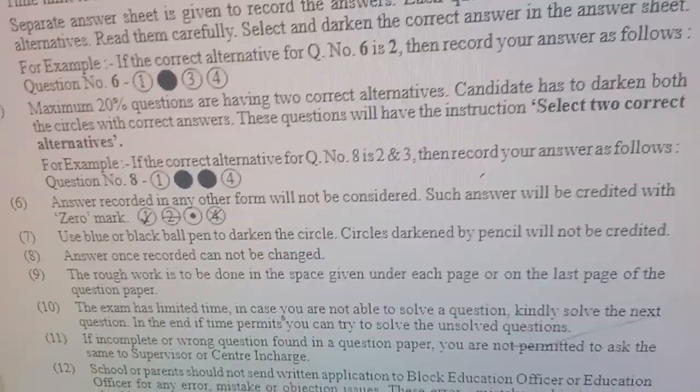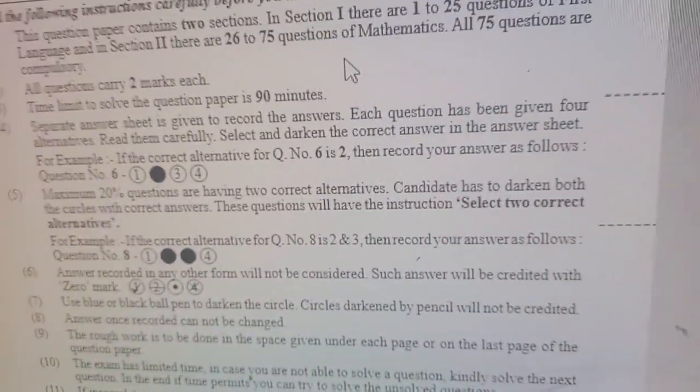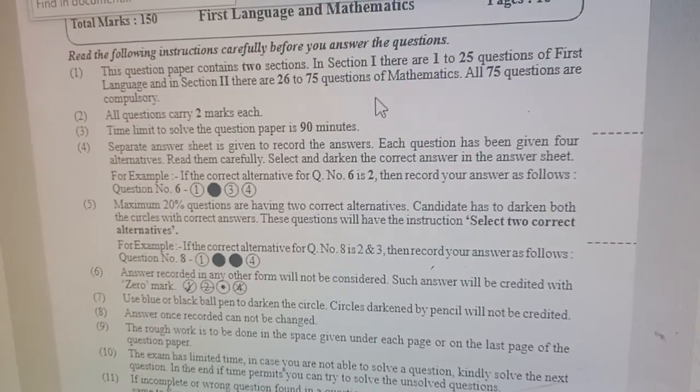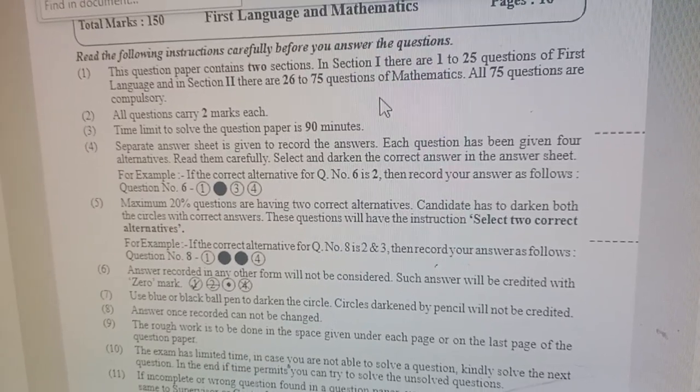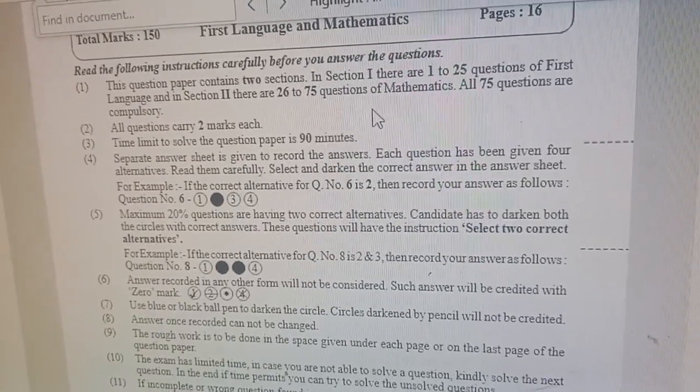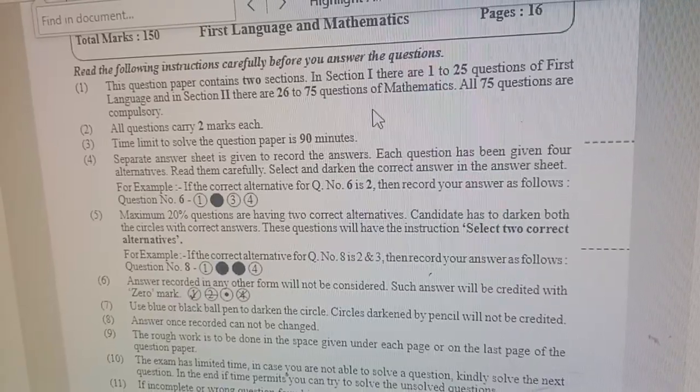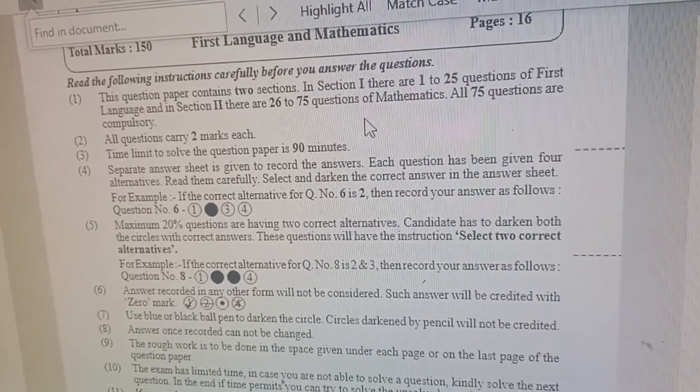I showed you this. So if you want to prepare for this exam, the benefit of this exam is that you can get scholarship money every year in 8th, 9th and 10th.